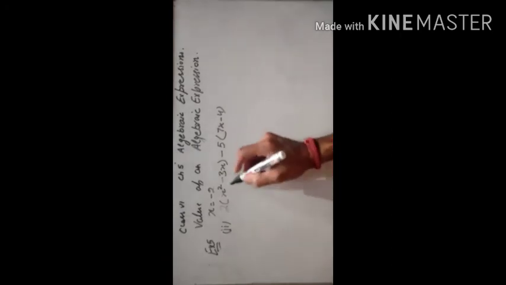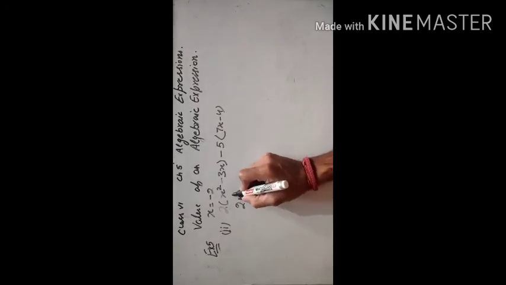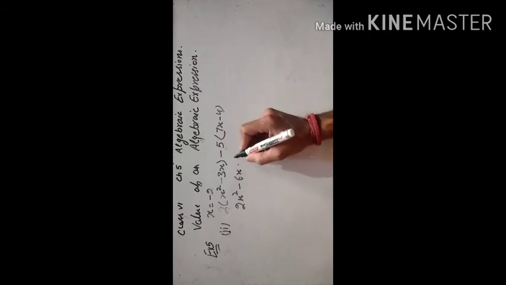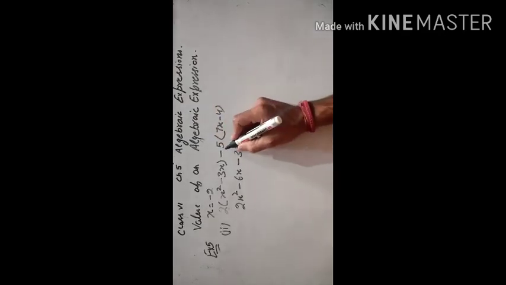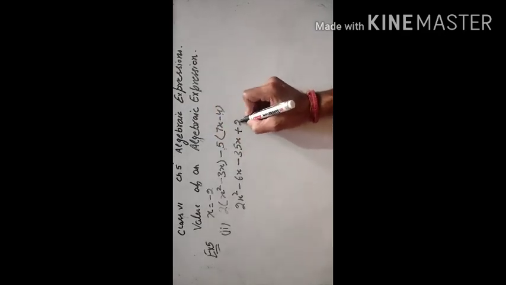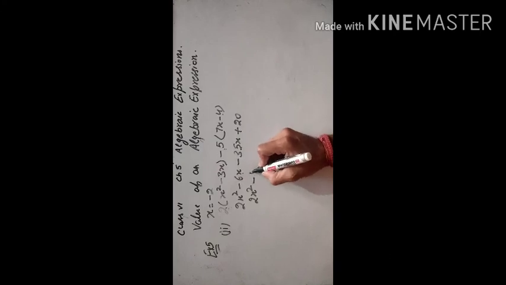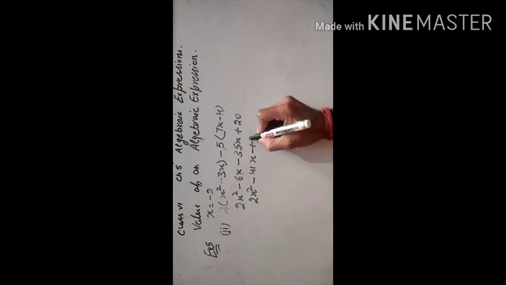First we have to simplify this. 2x square, 2 into 3 is minus 6x, minus 5 into 7 is 35x, minus 5 into minus 4 is plus 20. Now add the like terms. 2x square minus 6 and minus 35 is minus 41x plus 20.